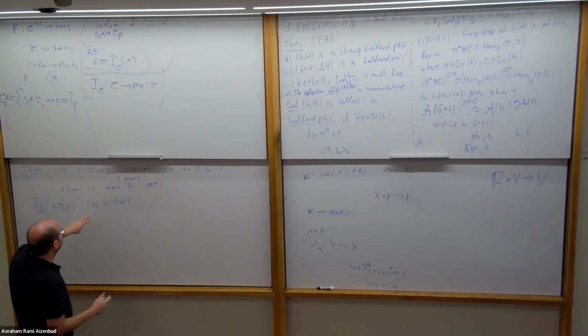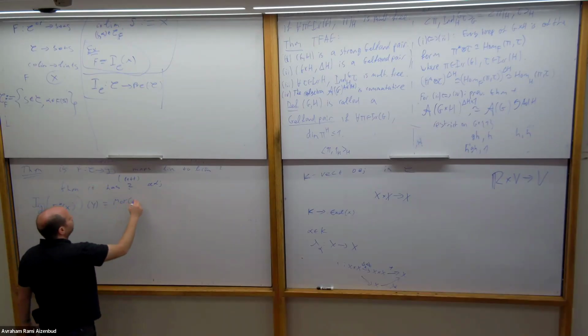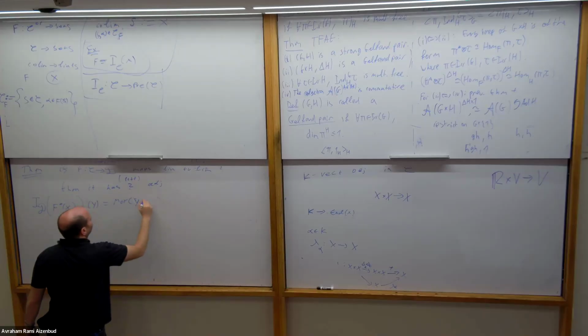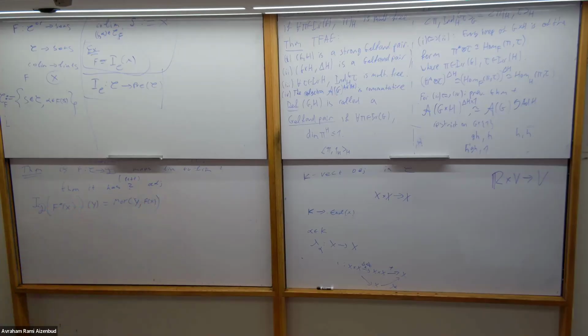Okay, wait. If F has a left adjoint, so F has to be, sorry, it has a right adjoint. So this should work like this.